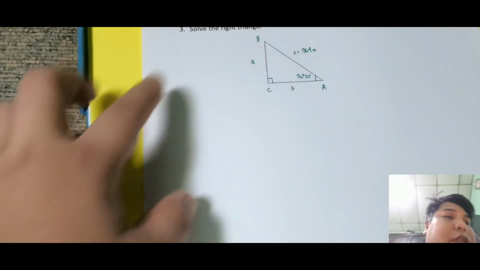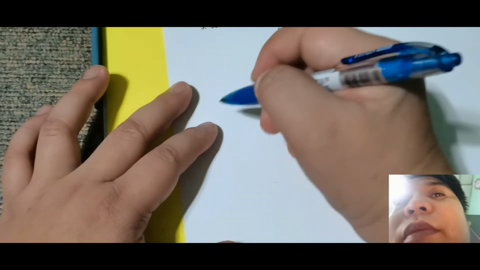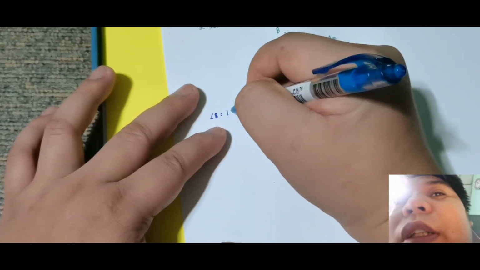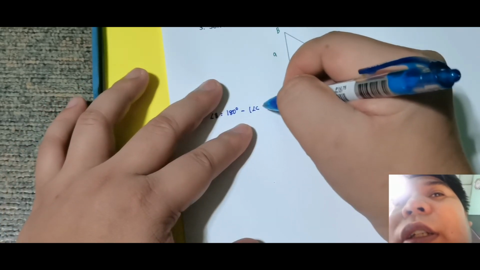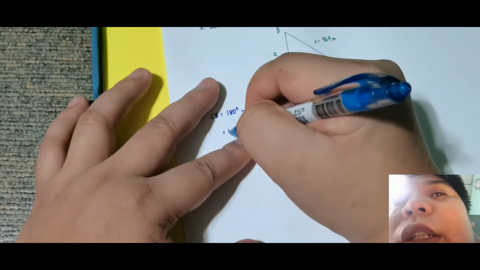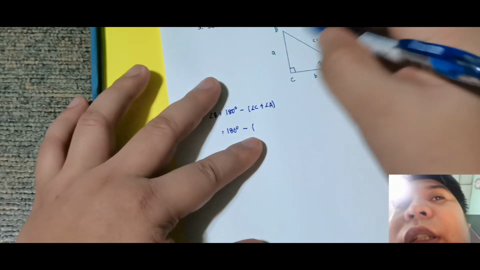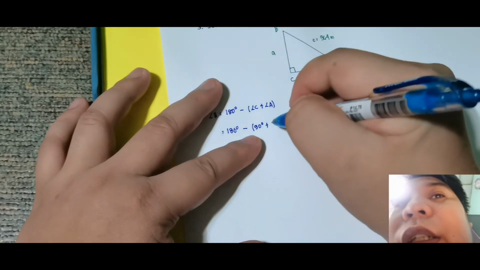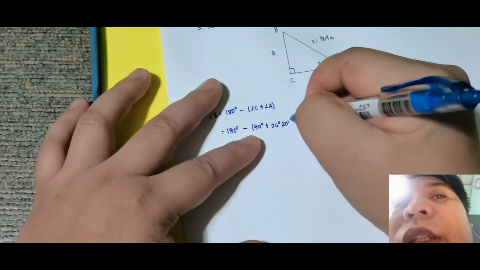Using yung dalawang measure na yan, that is angle B. So, the measure of angle B is equal to 180 degrees minus the measure of angle C plus the measure of angle A. So that is equal to 180 degrees minus 90 degrees plus 36 degrees 20 minutes.